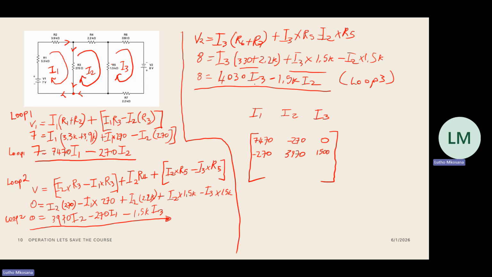And then for loop 3, what is our I1? It's 0. I2 is negative 1500. The I3 is 3430.